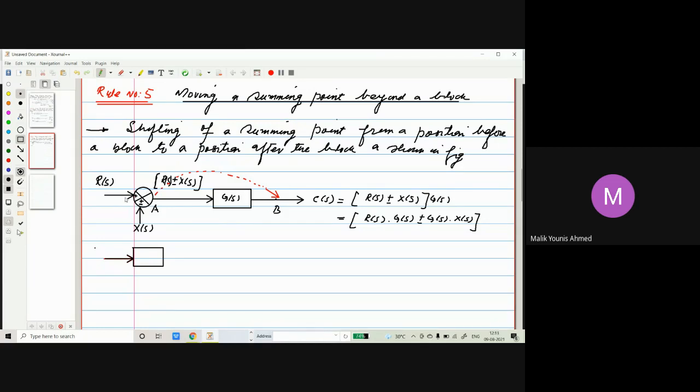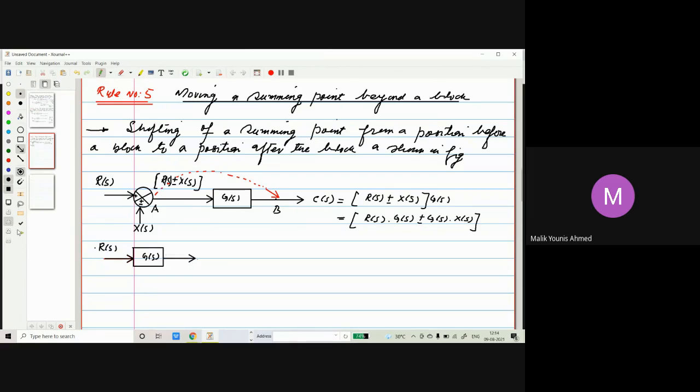That's the objective. So here this will be R of S, and this will be a transfer function G of S.